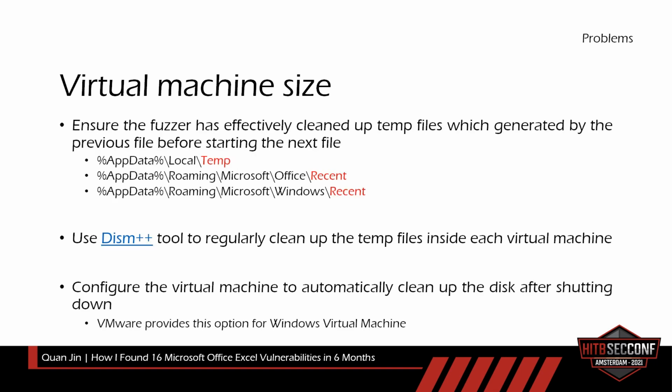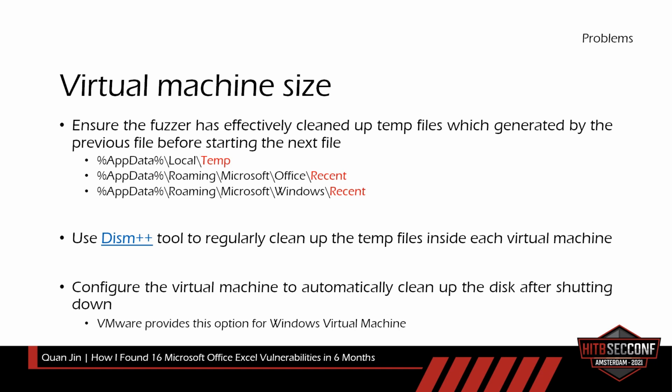To solve this, you must ensure that the current fuzzer has effectively cleaned up the files generated by the previous fuzz before starting the next file, mainly in the following folders. Otherwise, once the number of fuzz executions increases, the size of the virtual machine will explode. As a result, the fuzzer will stop.